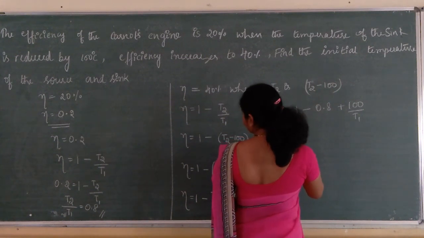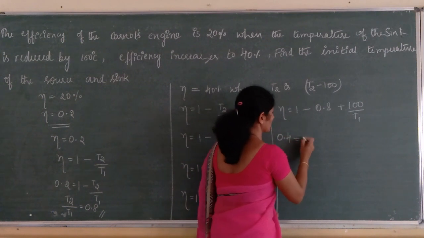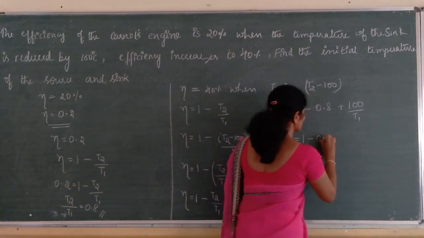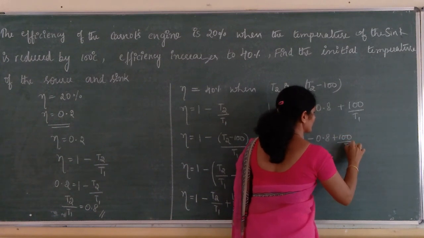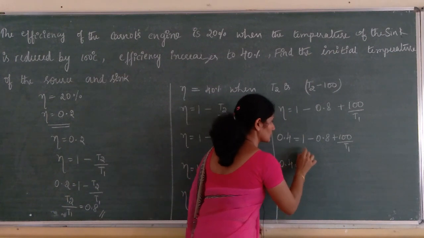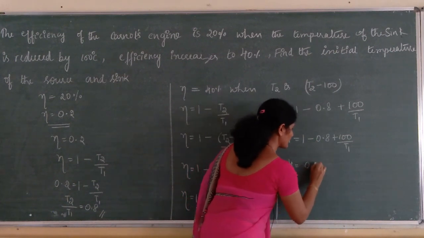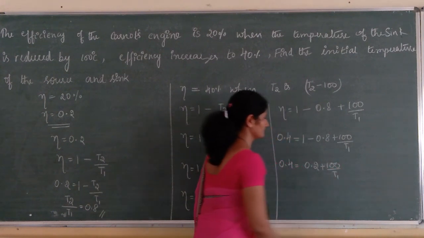Efficiency is given, that is 40%. So 0.4 is equal to 1 minus 0.8 plus 100 divided by T1. 0.4 is equal to 1 minus 0.8 is 0.2 plus 100 by T1.